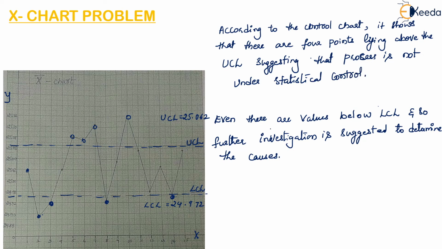So even we can find that there are values below the lower control limit, and so further investigation is suggested to determine the causes for the process to go out of statistical control.